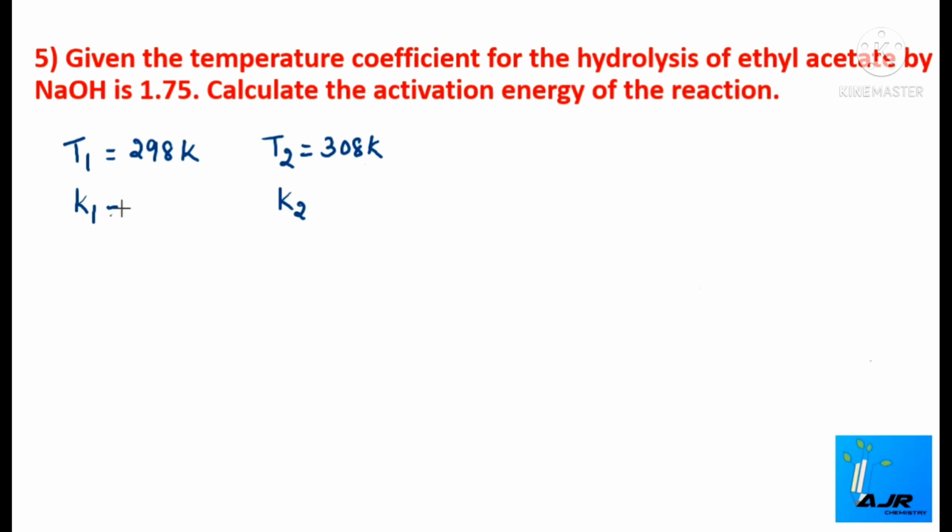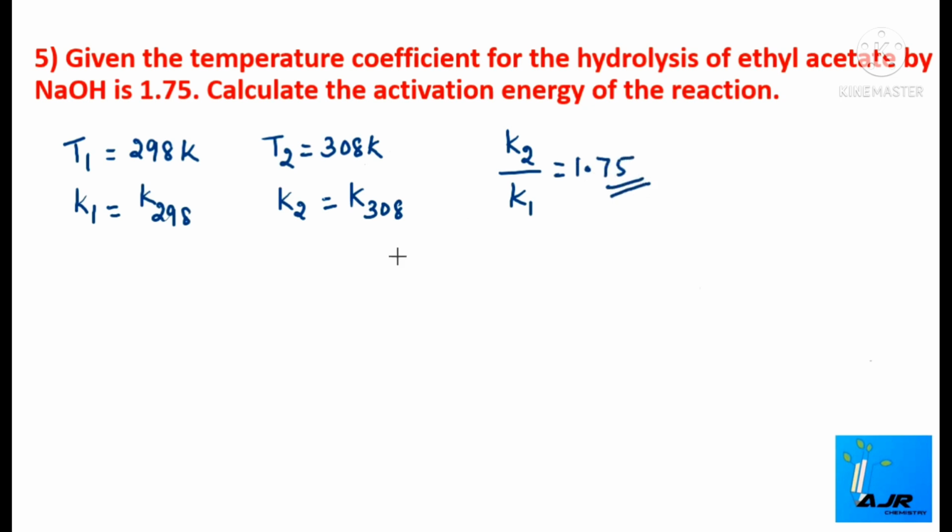So this can also be written as K298 and K308. Now we shall write down the Arrhenius equation. The temperature coefficient, the ratio between K2 and K1, is 1.75.